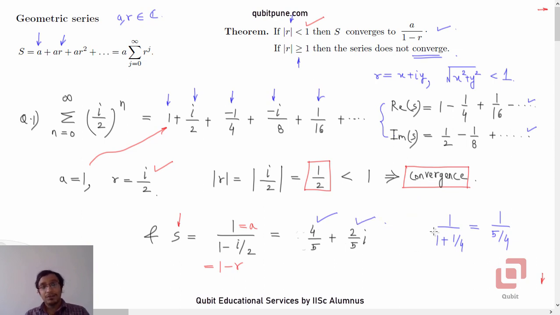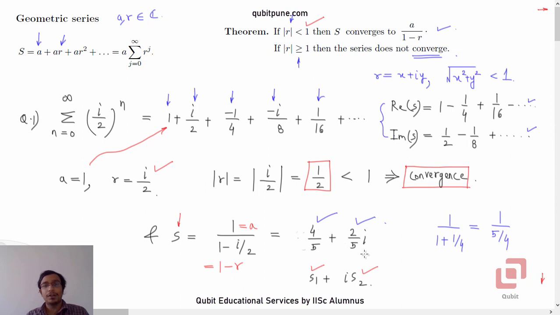Yes. So we have now got another result. If any infinite series converges to S1 plus i S2, where S1 and S2 are real numbers, then the real part of the expansion converges to S1, obviously, and the imaginary part converges to S2.